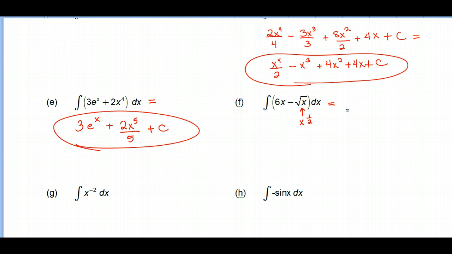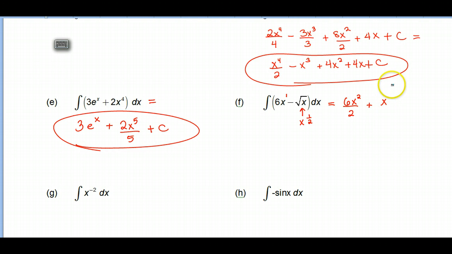Okay, so David, what do you make the half? Anytime you see a radical, rewrite it so it is a rational exponent. So if it's square root of x, rewrite it so it's x to the 1/2. So we get, again, this will be to the first, so 6x squared over 2.